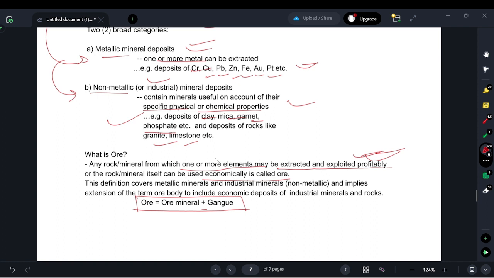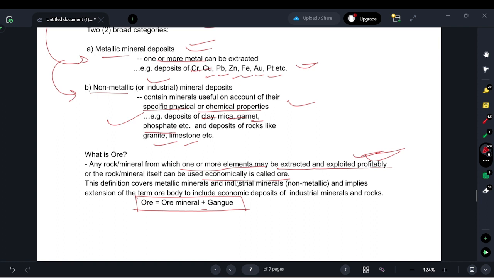Students, any one of you? What is a gangue, students? Impurity. Very good, Gaurav. Yes, it's an impurity in the ore.